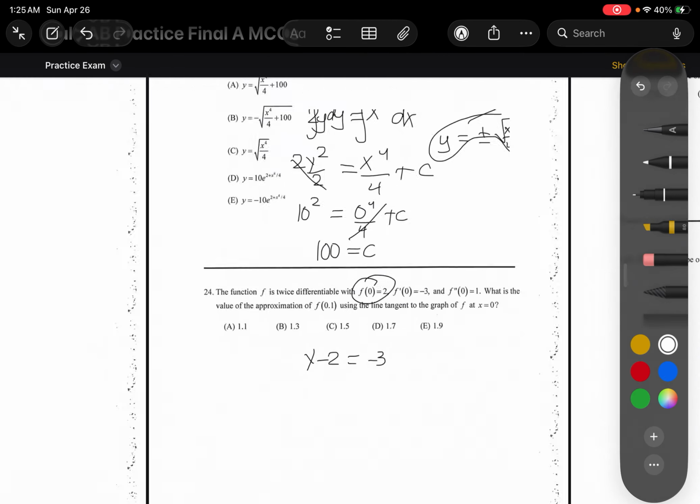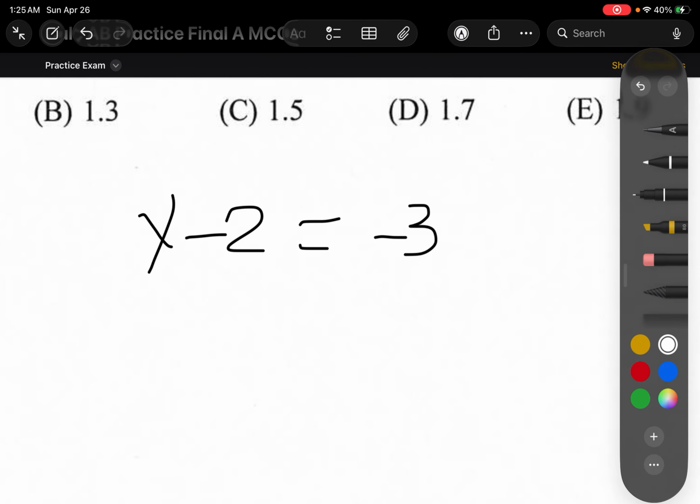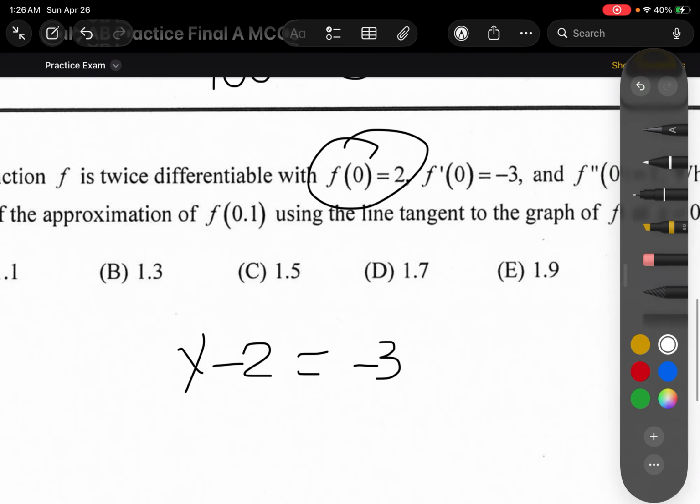Our slope is going to be -3 because the derivative at x equals 0 is -3.